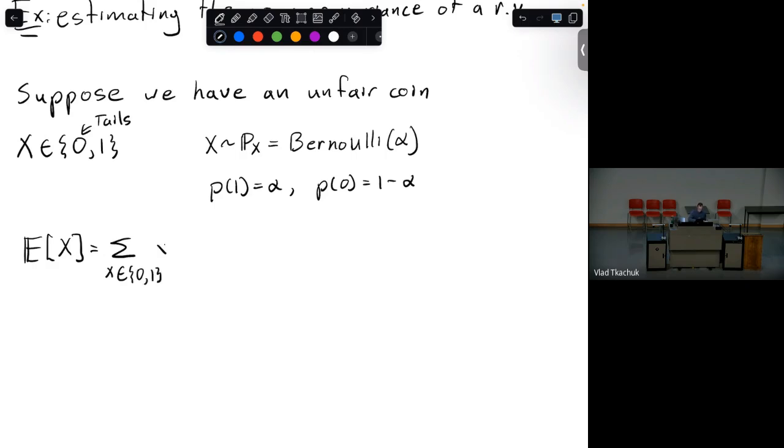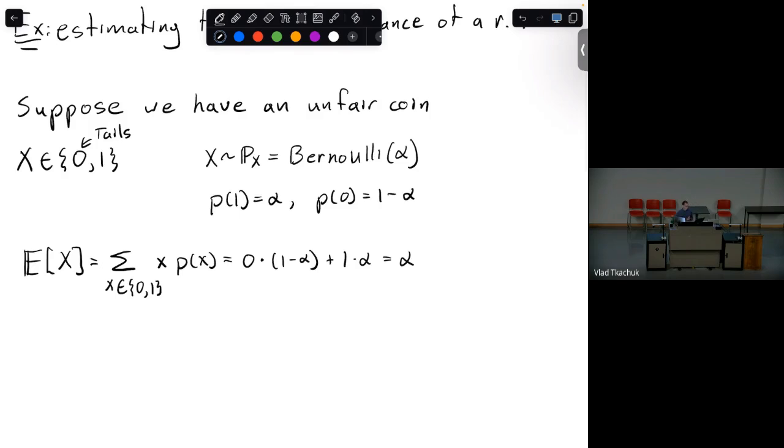Then you multiply the little x, the values it takes on, by its corresponding PMF value. So explicitly, you would get 0 times the PMF value of 1 minus alpha, plus 1 times alpha, which gives us, as we would expect, that the expected value of the coin flip is alpha, which is exactly its level of unfairness. Okay, great.